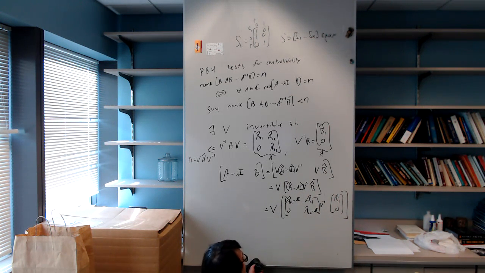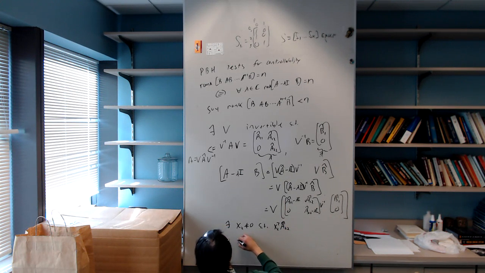Okay, now let's see how we can actually find a vector x such that we can hit this thing on the left and make it go to 0. In particular, there exists x2 not equal to 0 such that x2 transpose A hat 2 2 is lambda times x2 transpose, where lambda is complex.